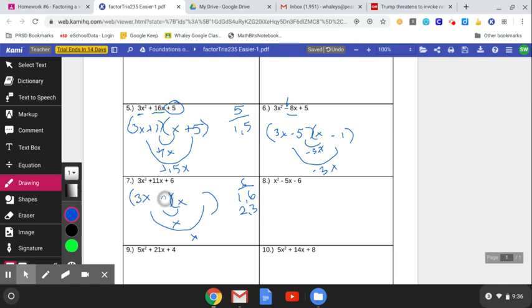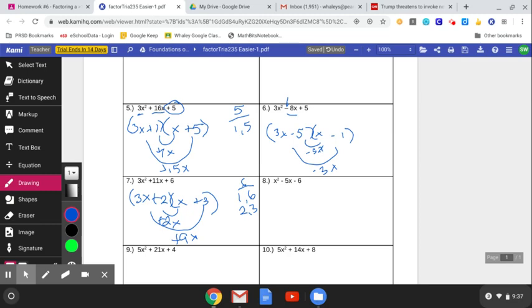Oh, how about 2 here and 3 here? Because that'll give me 2x, and this will give me 9x, and 9x and 2x can give me 11x if they're both positive. So positive 2, positive 3. There we have it: 3x plus 2 and x plus 3.